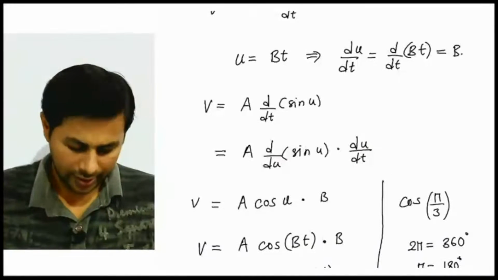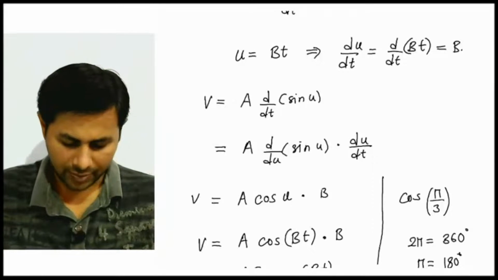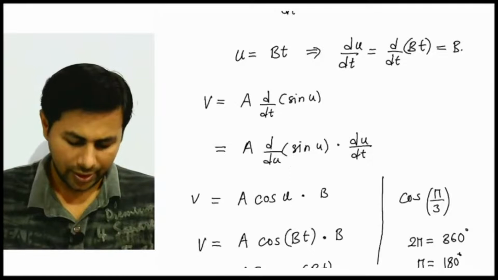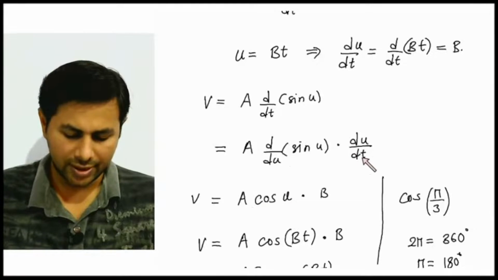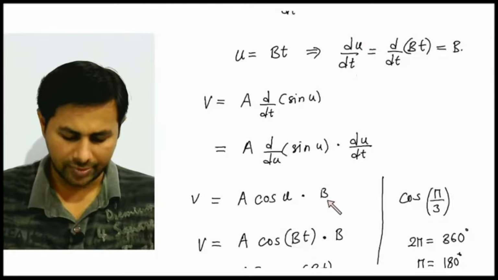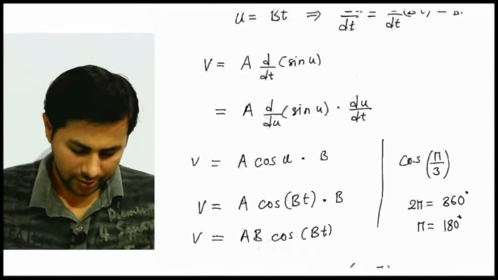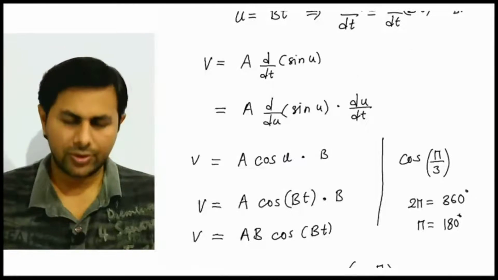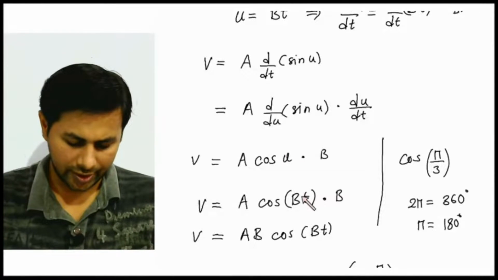Okay, so this is equal to derivative of sine u with respect to u is just cosine u. So cosine u times du by dt, we already found it's b. Okay, so multiplied by b. Then we substitute u equals bt over here.